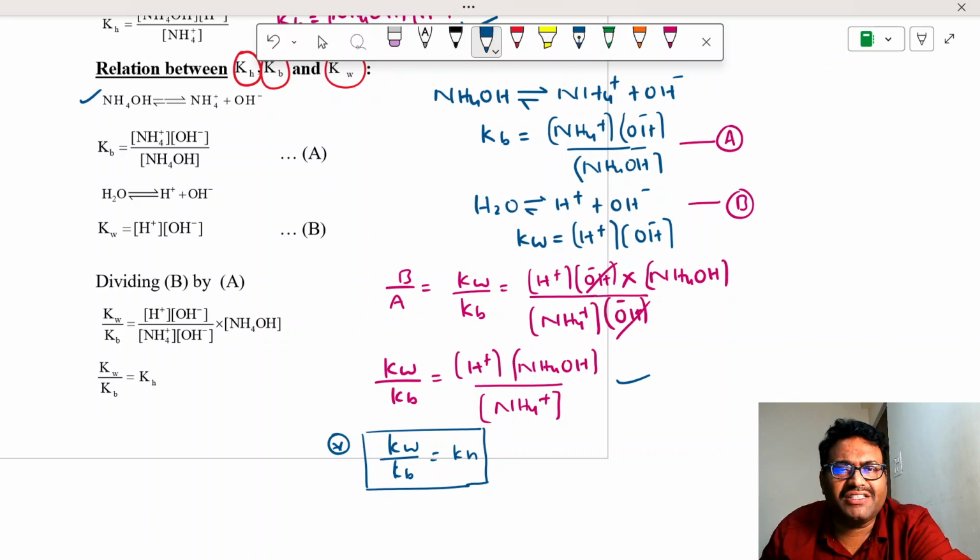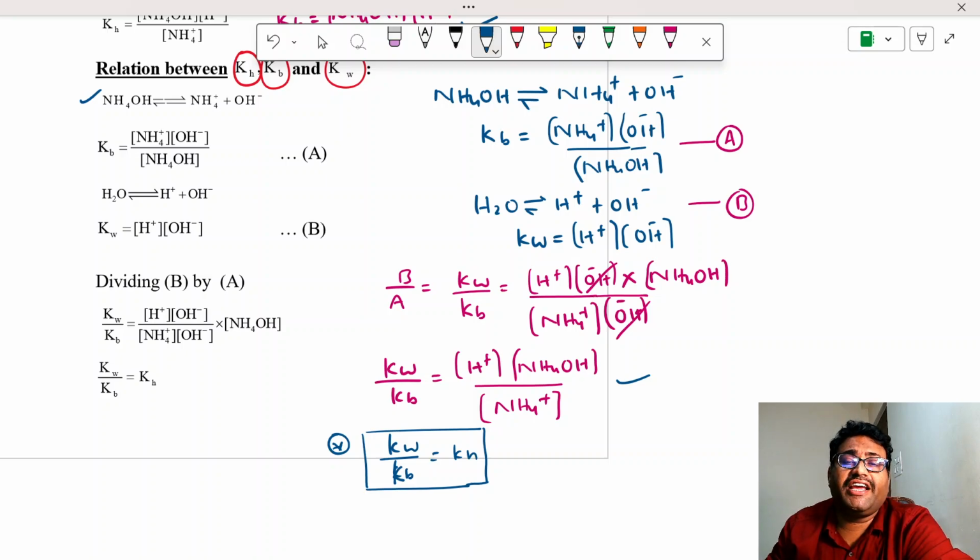The salt is from weak base and strong acid. So how to remember this? In the denominator you should have Kb. For whom do you write Kb? Weak base. In the salt, whether weak base is involved or strong base is involved, weak base is involved. So we are writing Kb here. We also come across Kw by Ka.